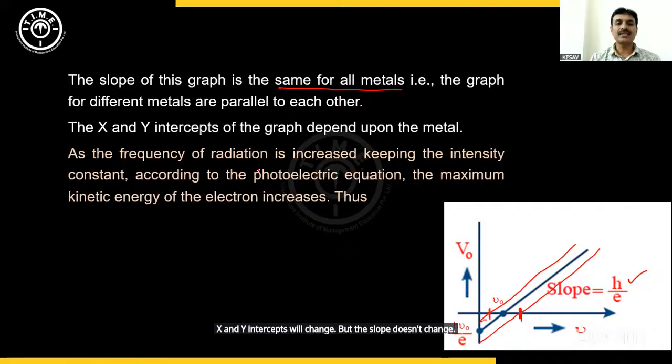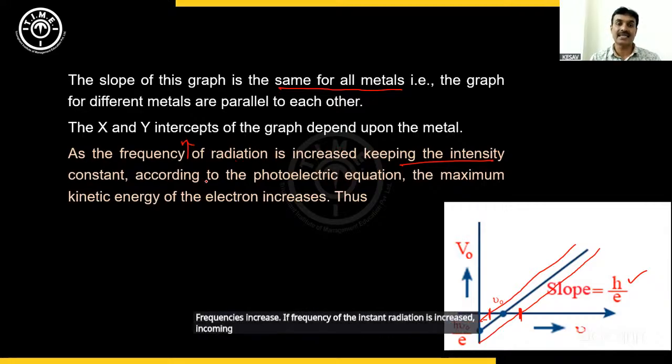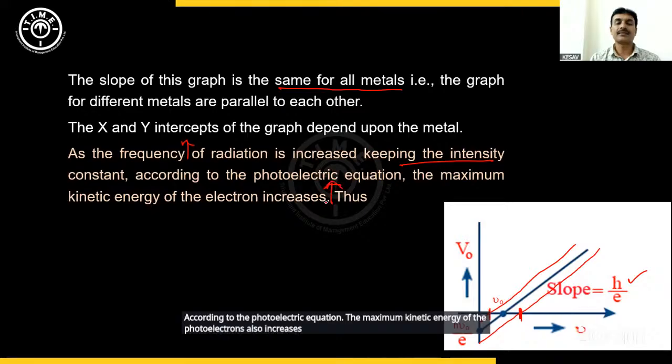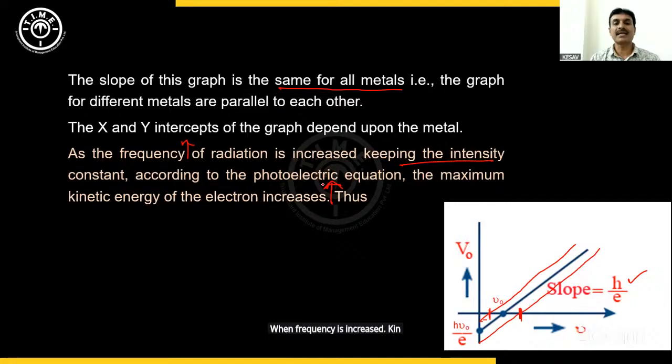So as the frequency of radiation is increased, keeping the intensity constant, the incoming energy is increased. According to the photoelectric equation, the maximum kinetic energy of the photoelectrons also increases.